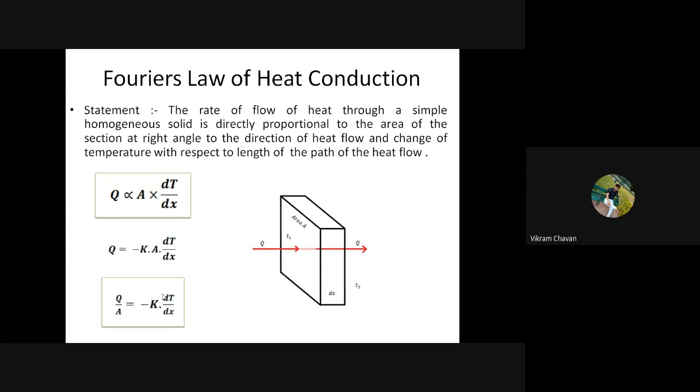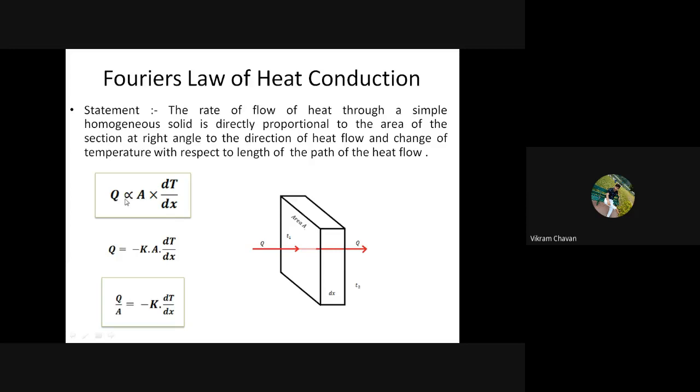Okay, so capital Q is nothing but the rate of heat flow. Rate of heat flow, capital Q, is directly proportional to the perpendicular surface area and the change in temperature with respect to change in length, or we can say the length of the path of heat flow.